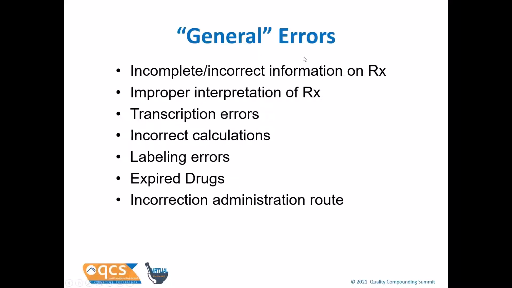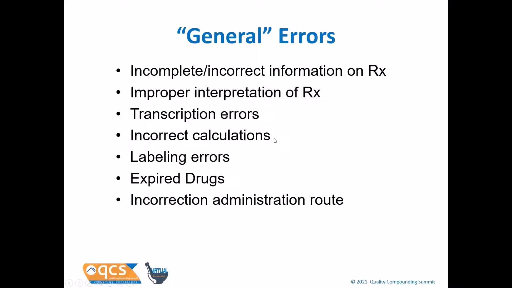Some of the general errors that came from the National Coordinating Council involve incomplete or incorrect information on the prescription itself, improper interpretation of the prescription, transcription errors, especially coming from a medication order in a hospital or a prescription in a community pharmacy, in transcribing it and putting it into the computer there is the opportunity for errors to occur.